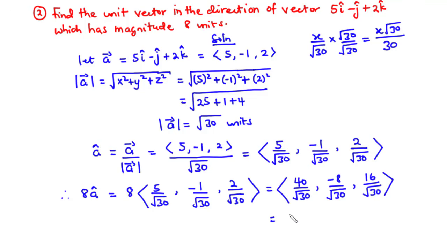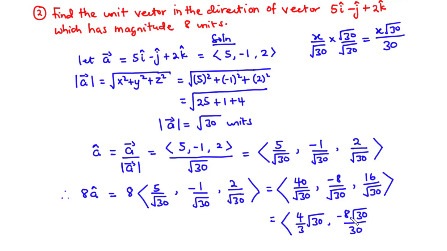So that's going to be 40 root 30 divided by 30. Now 40 divided by 30 is 4 over 3. Therefore we can simplify this as 4 over 3 root 30, comma. Now for the y component, we have negative 8 root 30 divided by 30.